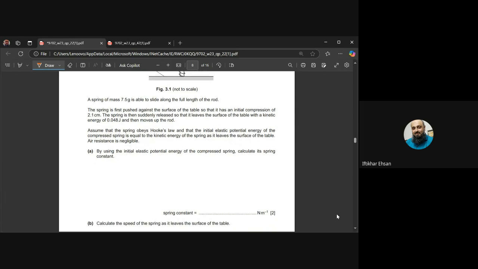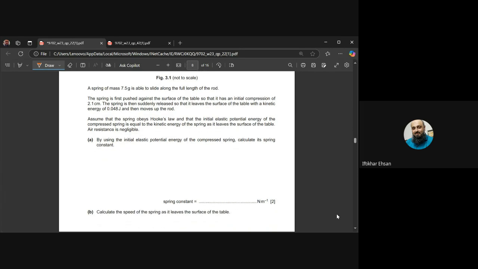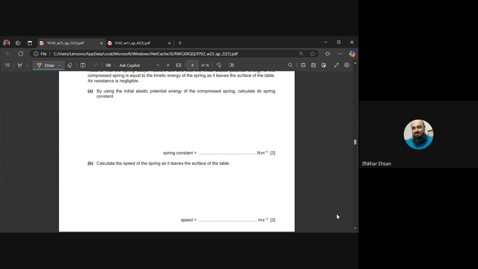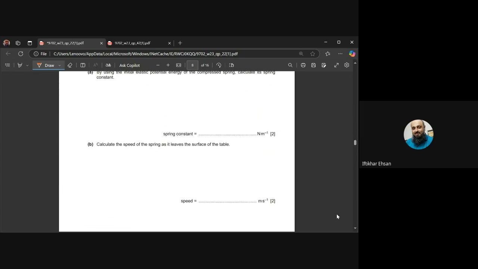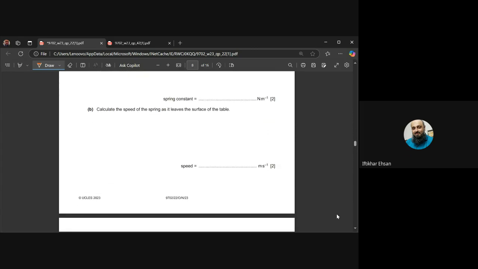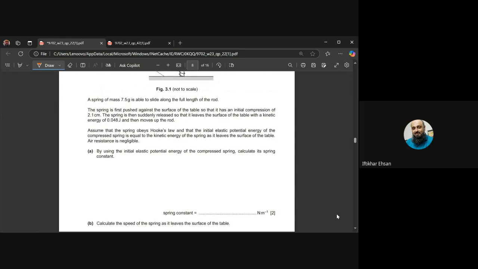First push against the surface, the initial compression. The spring is then suddenly released, so it will go forward and upward. Assume the spring obeys Hooke's law. Initial elastic energy is half k x square. Calculate the spring constant.